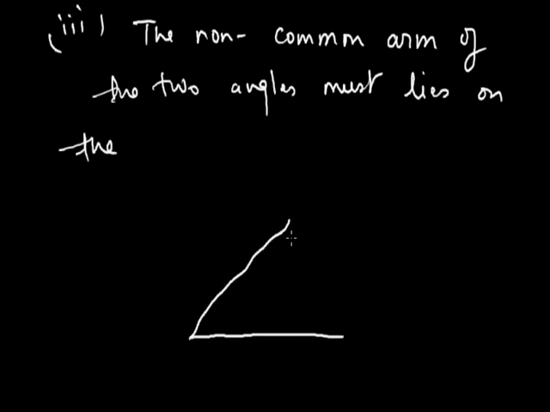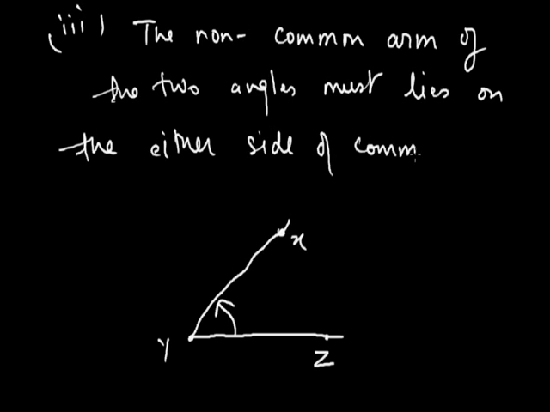Suppose this is angle XYZ. Taking Y as the common vertex and XY as the common arm, I will draw one more angle, XYO.